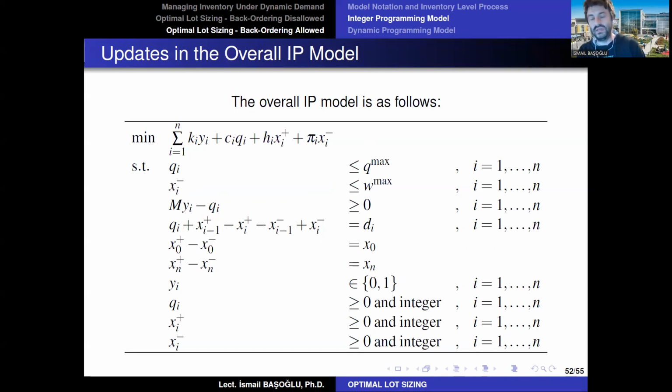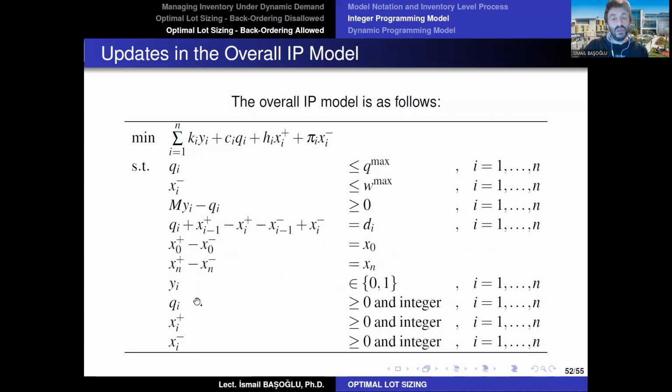That is your choice, but sometimes inventory managers would like to get prepared for the next planning horizon by defining a certain amount of buffer inventory at the end of the planning horizon. That will make the ending inventory level xn a positive value, but again, we need to introduce xn plus and xn minus as decision variables. So we need to express these two values if we are going to write the fourth set of constraints, and for each i value, these must be equal to x0 and xn.